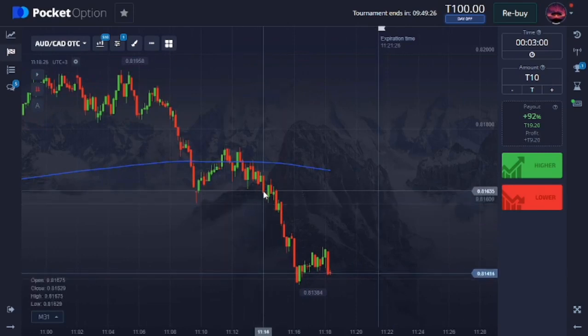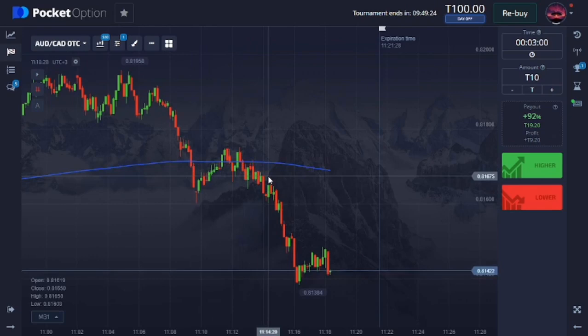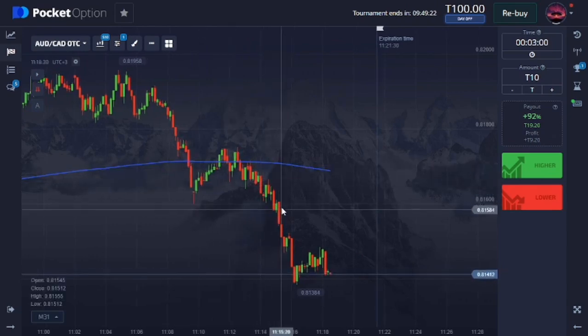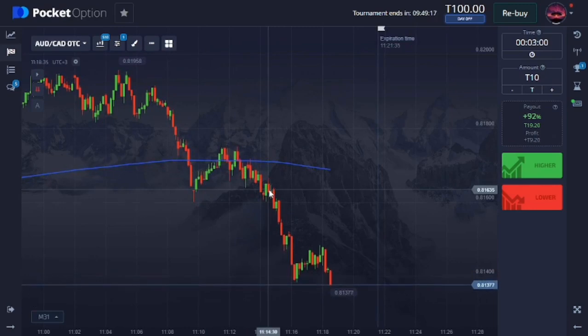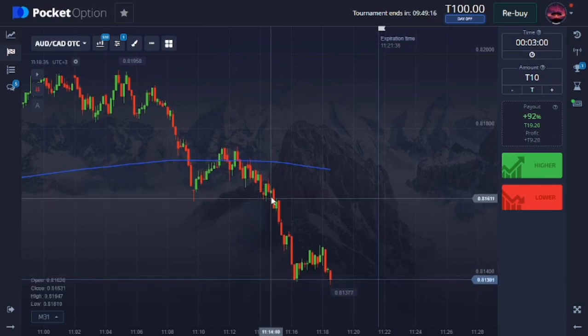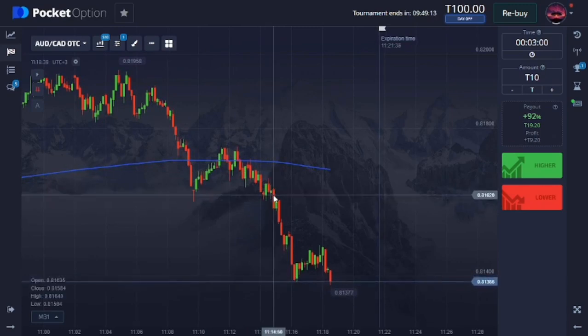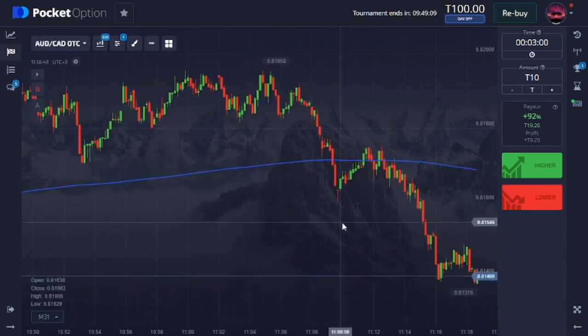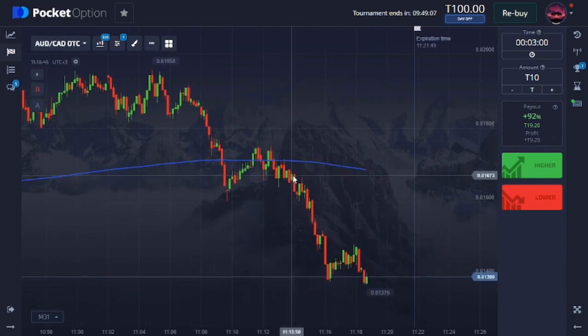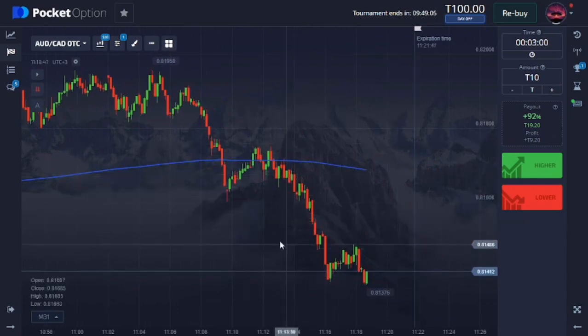Okay, because when the price trades below this moving average, we want to sell, because there is a strong bearish trend, there is a strong downward movement of price. Almost 70 to 80% of the time the price will go down.